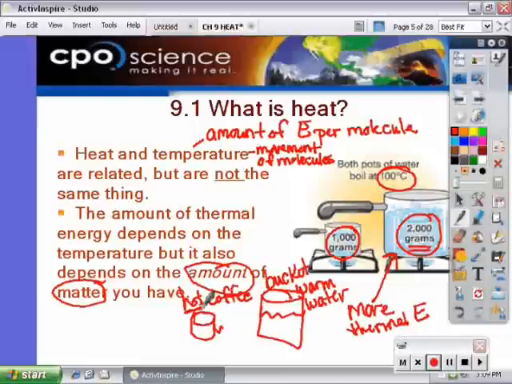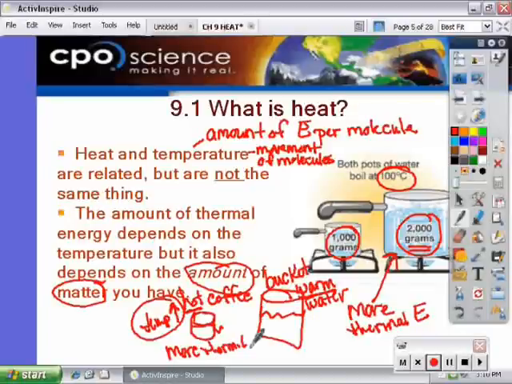It's hot here and it's only warm over here. Even though there's a size difference, an amount difference, because the temperature is higher over here, it means it has more thermal energy.